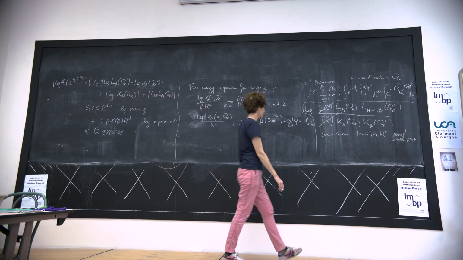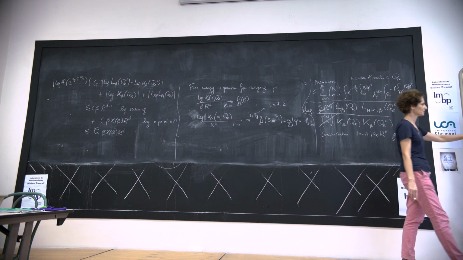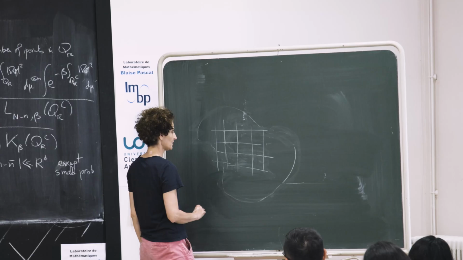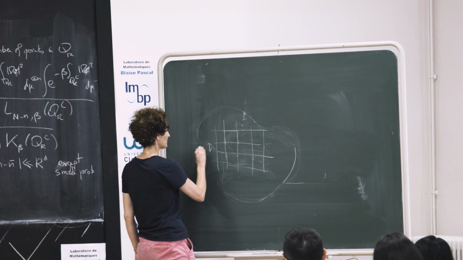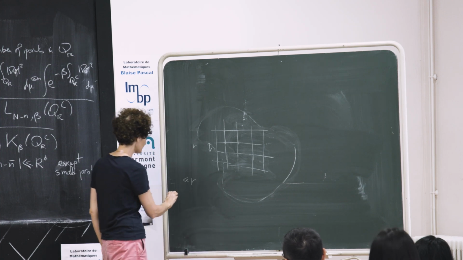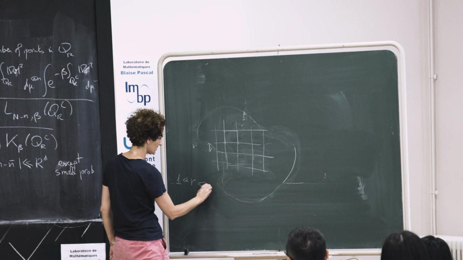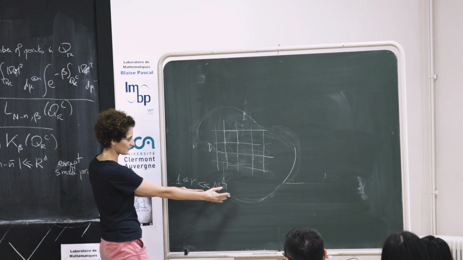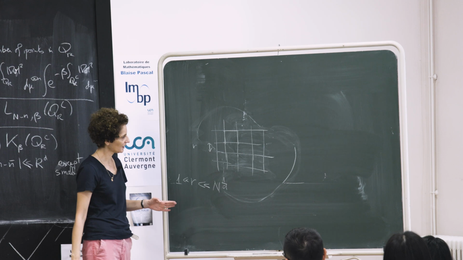Okay, and so now if you want to go to a general mu, what you're going to do is chop your space into small cubes of radius r. Of course, you want r to be much bigger than 1 and much less than n to the 1 over d. This would be the biggest scale. This is the smallest scale.